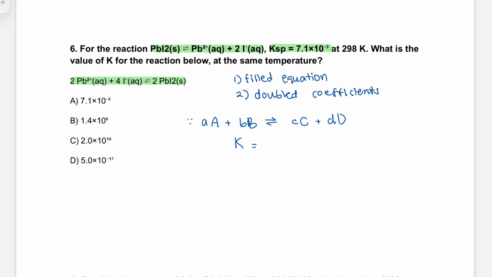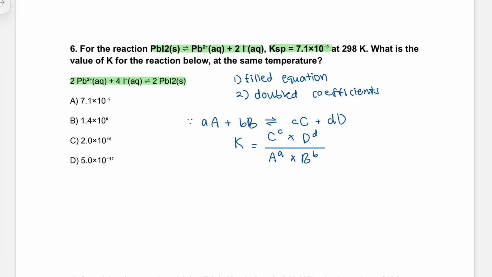So K is the products to the power of the coefficient over the reactants. Yeah, so this is how we get our value.